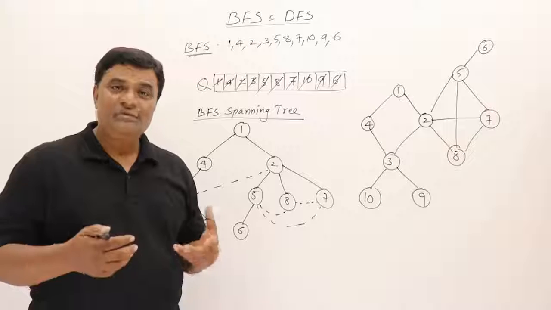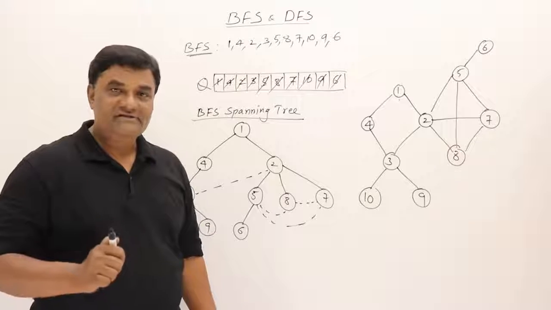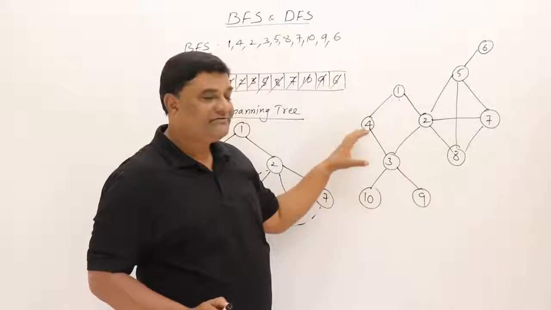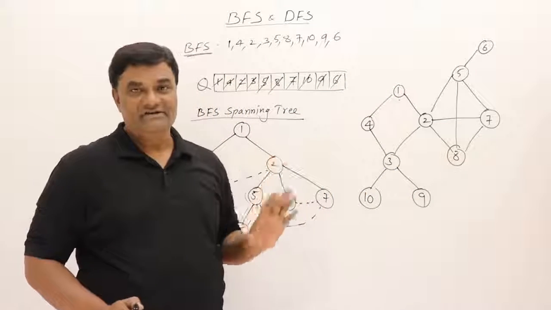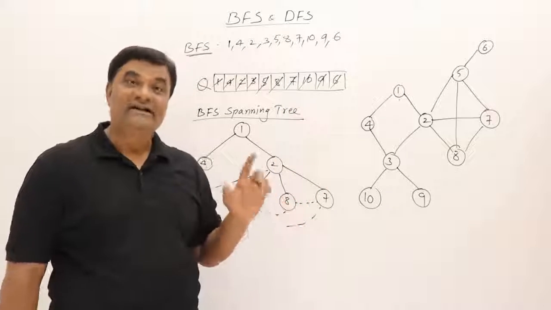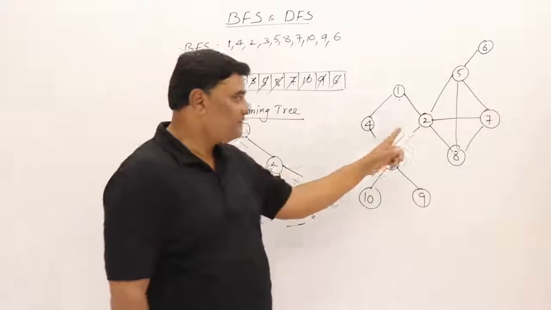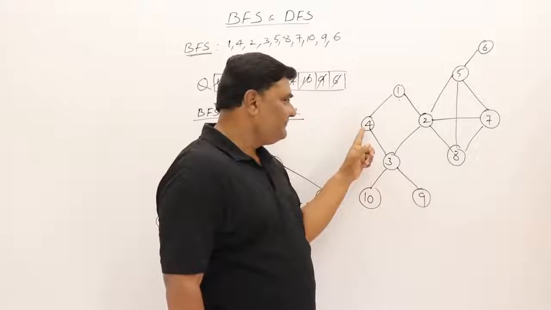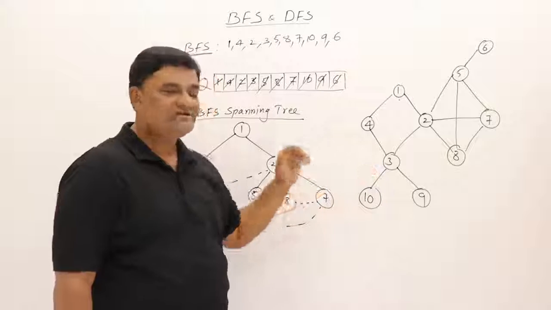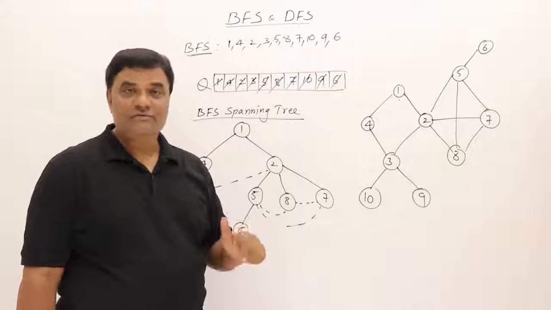Then what is the rule here? The rule is when you are selecting a vertex for exploration, you must visit all its adjacent vertices, then only you should go to the next vertex for exploration. So if I am exploring 1, then I should visit 4 as well as 2, then only I should select 4 for exploration. This is the rule.